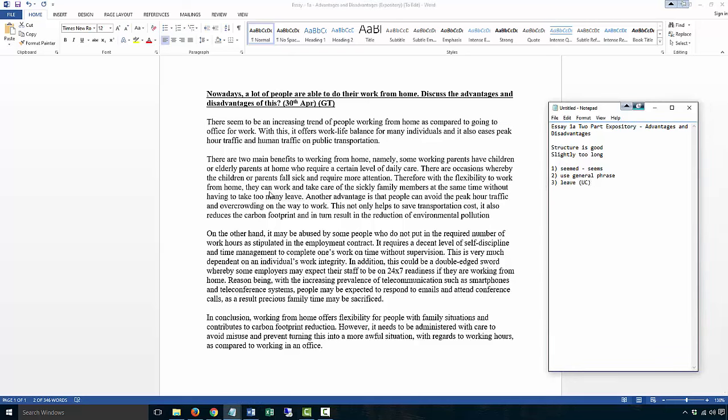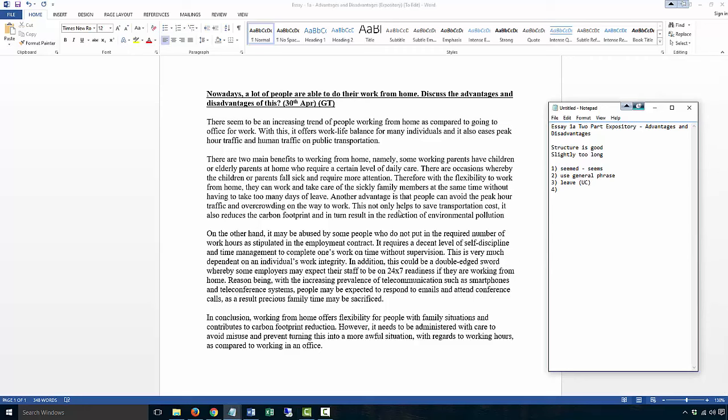Therefore you cannot use many, because many is for countable. So too much leave, right? Or probably the best way to express this is too many days of leave.